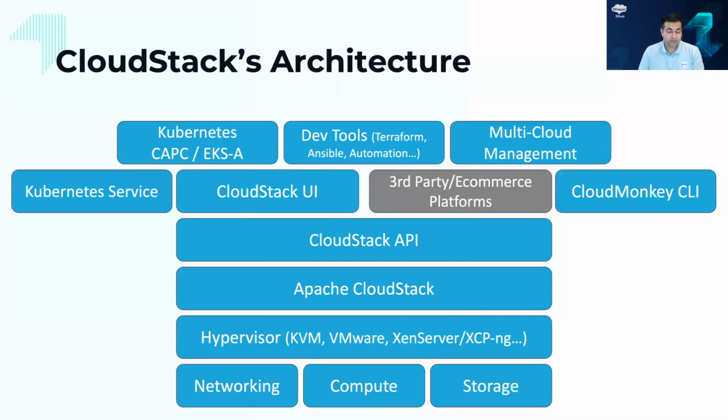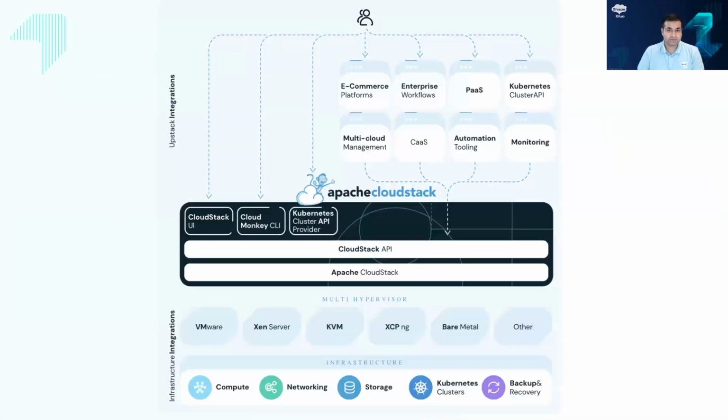CloudStack has an internal Kubernetes engine called the CloudStack Kubernetes Service, but also external engines like CAPC, EKS-A, and others. We also have a lot of support and integration with dev tools, like a Terraform provider, Ansible support, and automation through Chef, Puppet, and other configuration management systems. CloudStack can also be integrated with multi-cloud management systems.